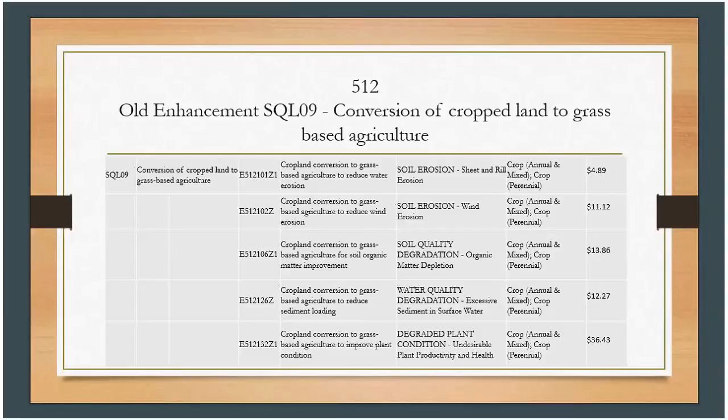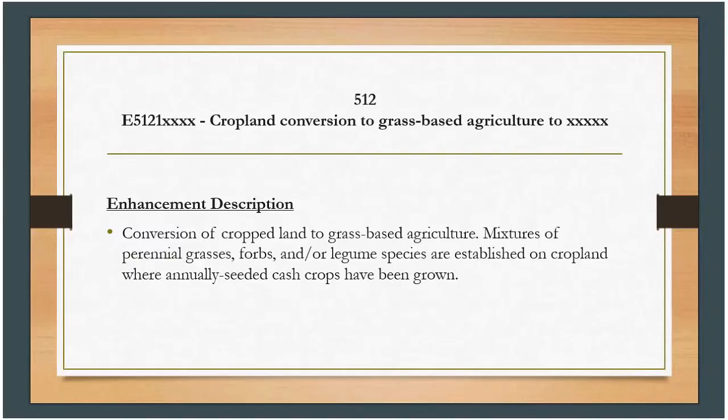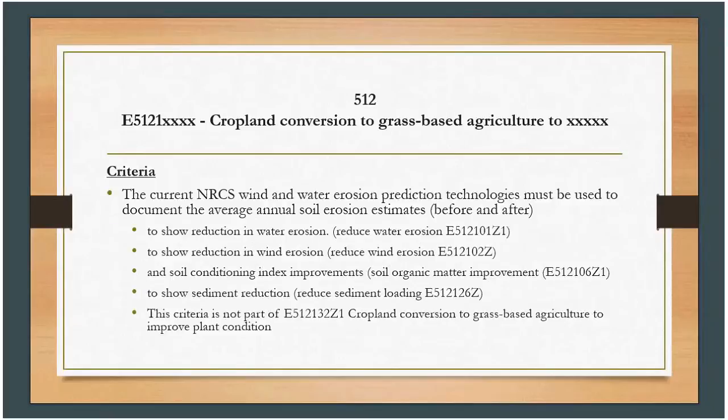So this is basically doing a land use conversion, changing cropland to something that's grass-based. The description is conversion of cropland to grass-based agriculture. Mixes of perennial grasses, forbs, or legume species are established on cropland where annually seeded cash crops have been grown.